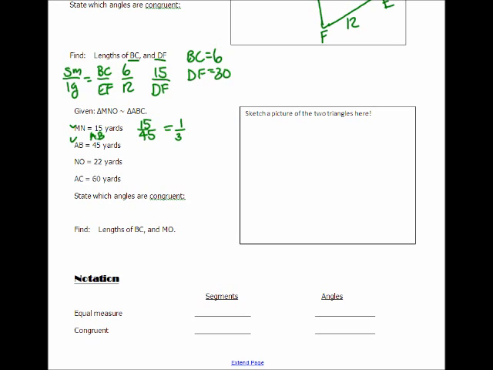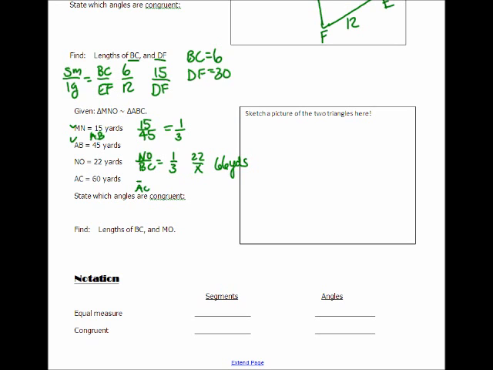NO is 22, so NO is in the smaller triangle, so NO to BC is in a ratio of 1 to 3. Well, NO is 22, so to make that equivalent, we would have to multiply it by 3, or 66 yards. Okay? And then AC is the larger one.